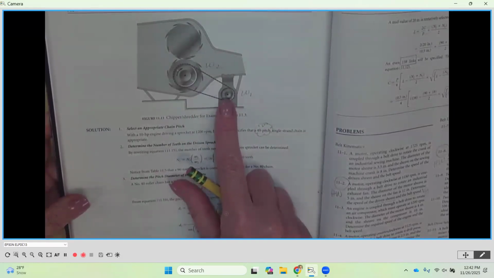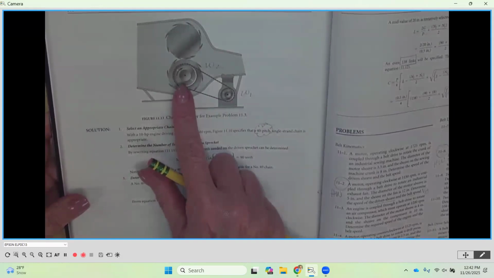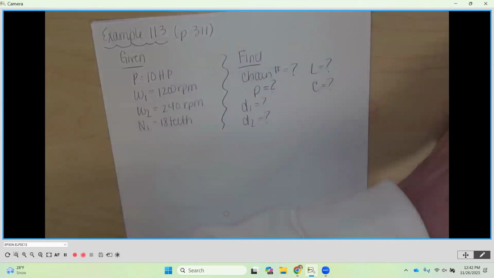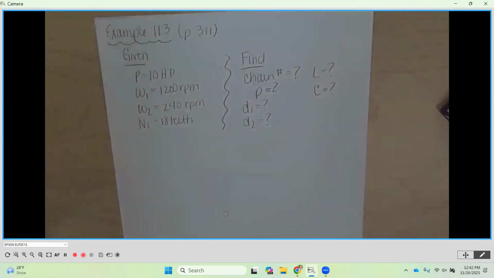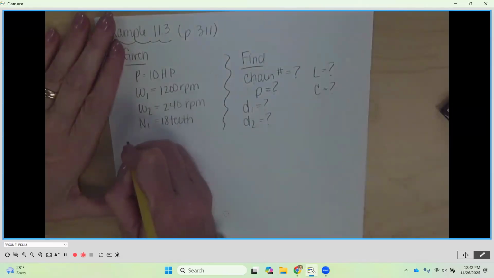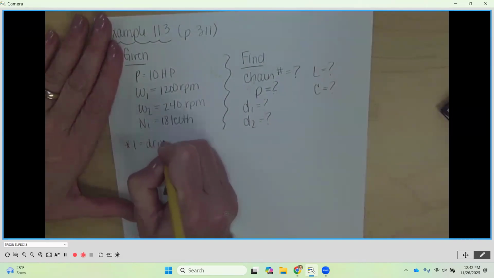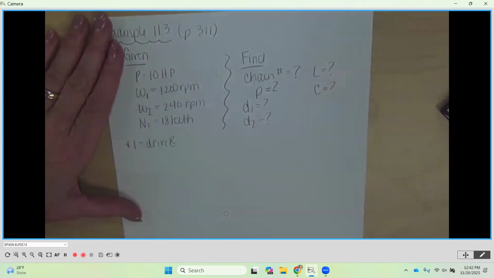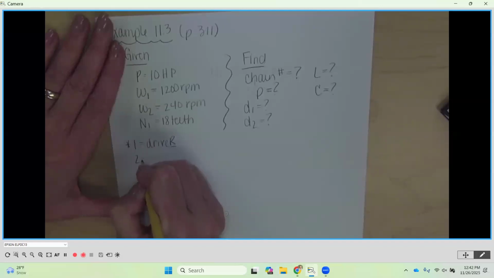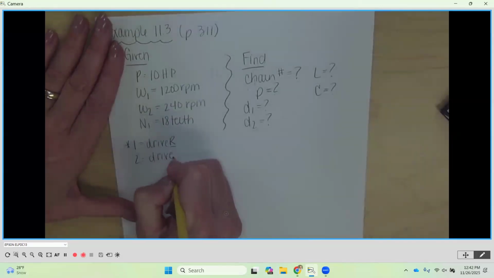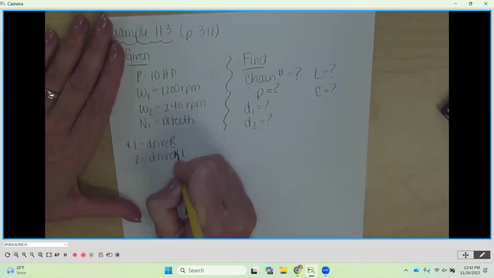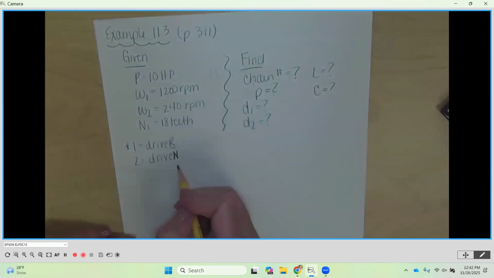So 1200 RPMs down here, 240 up on top. Additionally, they told us we're going to have 18 teeth on our small sprocket, our driver sprocket. And just a little note here: 1 is equal to driver, I'm going to put capital R here, and 2 is equal to driven, capital N at the end.